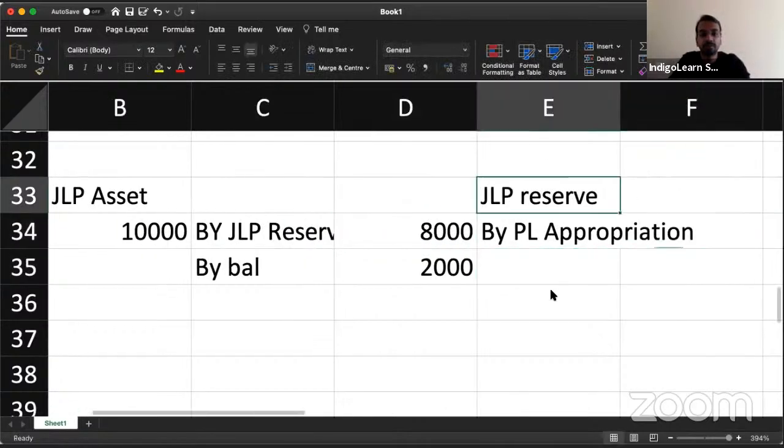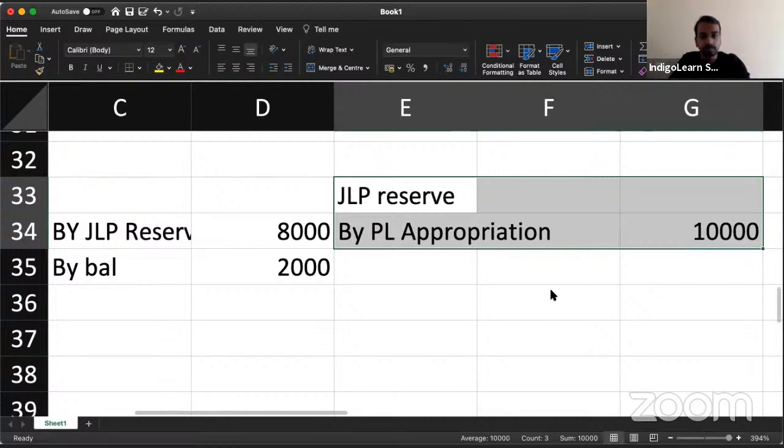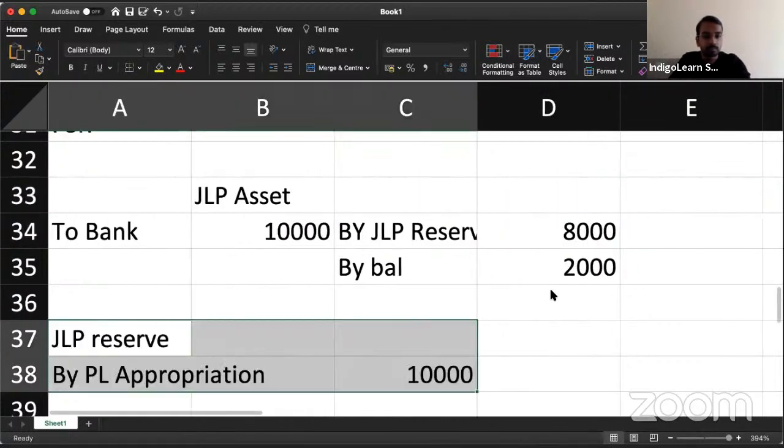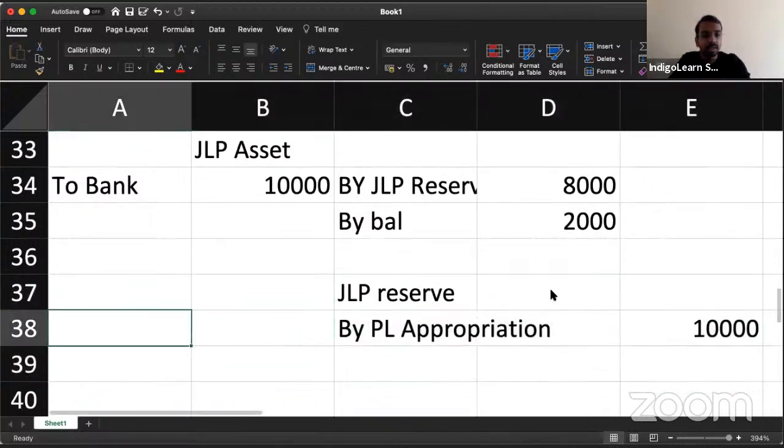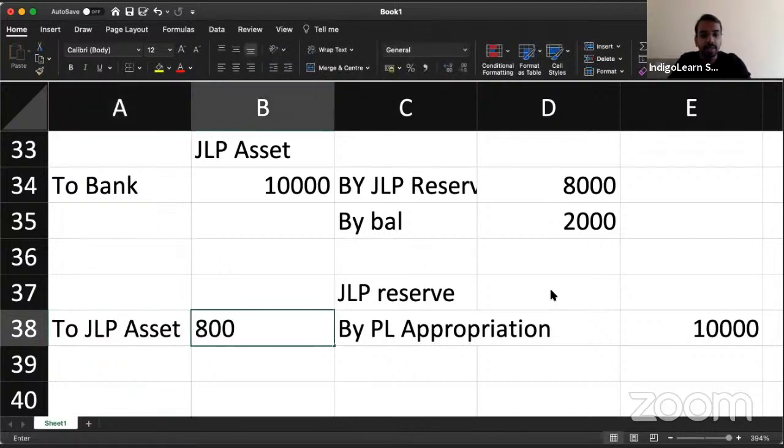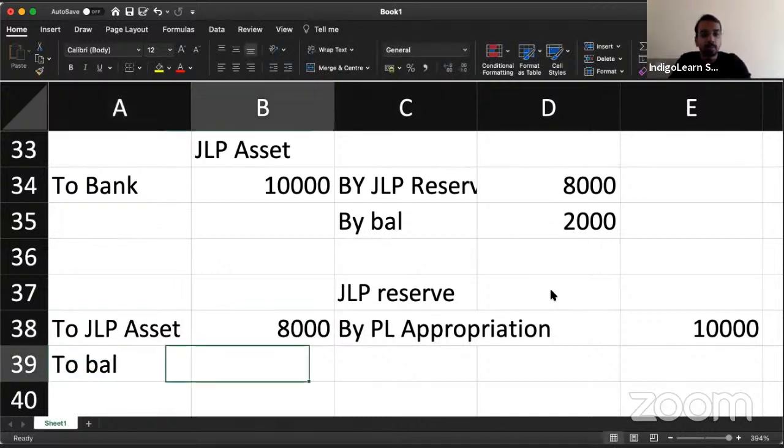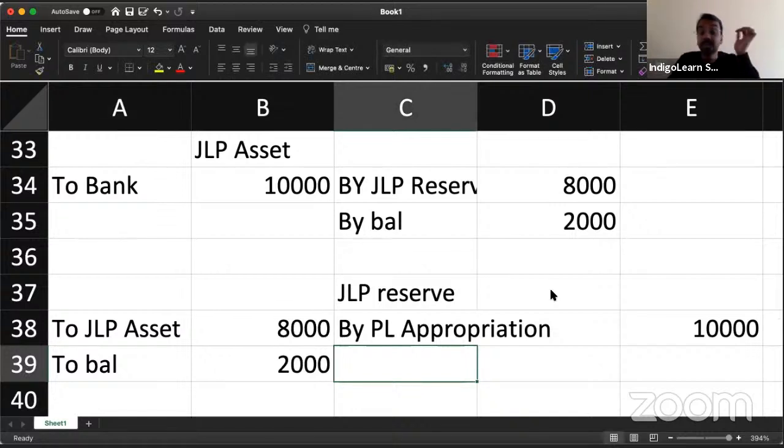So here, in the JLP reserve account, you will have to JLP asset account 8,000 and to balance 2,000. So in this case, there will be an asset of 2,000 and a reserve of 2,000. Both will be carried at the same value.